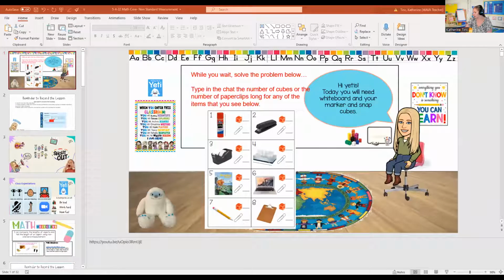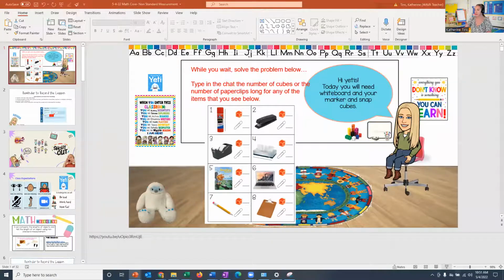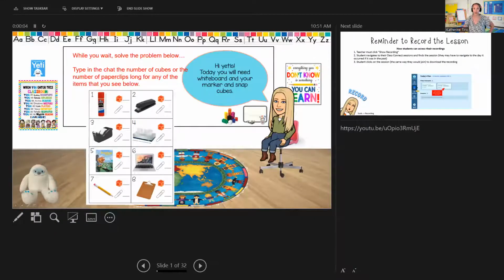All right. So let me make this bigger so you can see it. So the first activity, I'd like you to pause whenever you see the directions and hear the directions, and then unpause when you're done. So for this, you are going to find any of the different items that you see here, and you're going to measure them.